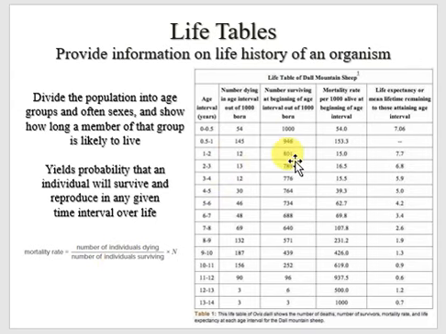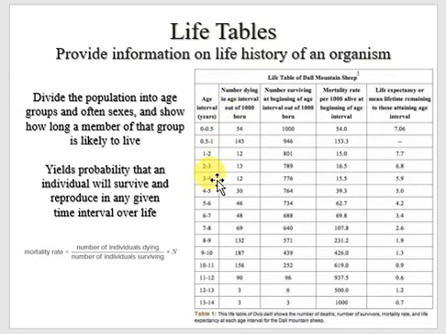Here's your number surviving. Of those 1,000, 801 are continuing to survive, so will survive into the next year. And then you multiply that by 1,000 to get mortality rate per original number of starting offspring.